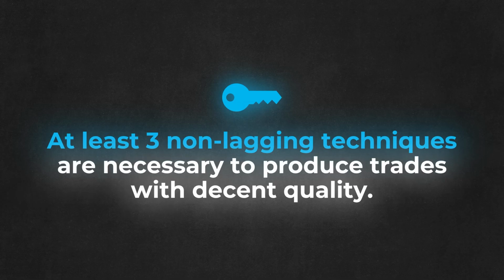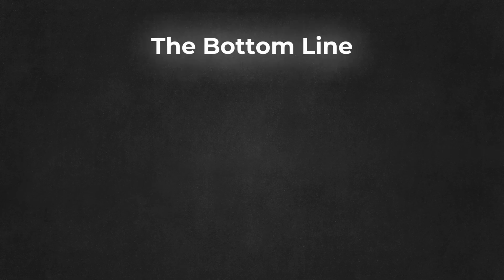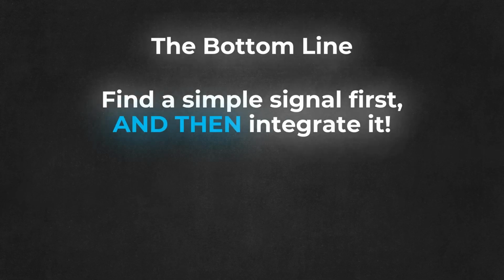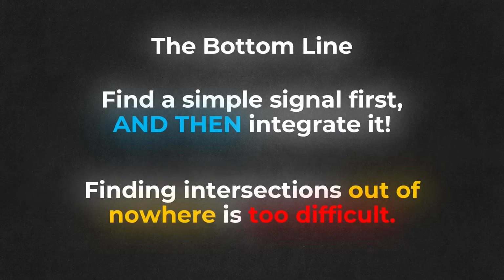As I said earlier, one problem you find here is that setups become less frequent as their quality increases. The solution to that is to use a contextual trading approach, but that requires a more sophisticated type of market analysis. The bottom line here is that you must detect the first signal and then integrate it. Don't try to find intersections out of nowhere because that is too hard.